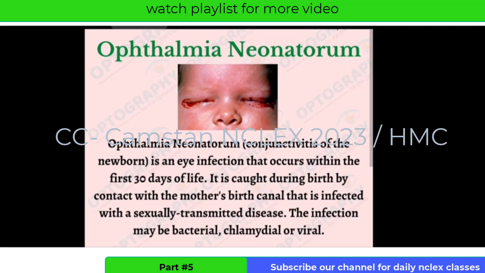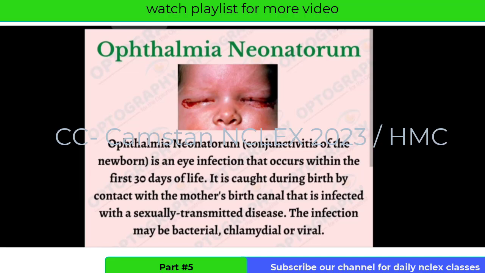It is a type of eye infection that mainly occurs within the first 30 days of life, in the neonatal period of the infant, and it is mainly transmitted during vaginal delivery, due to contact with the birth canal that is infected with sexually transmitted infections like viral or bacterial infections. It may cause further complications like corneal perforation, and that may result in blindness if not treated.